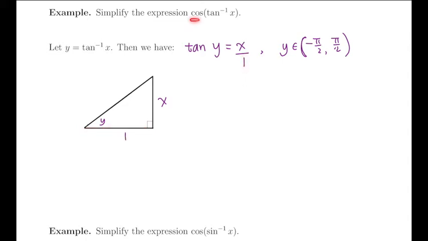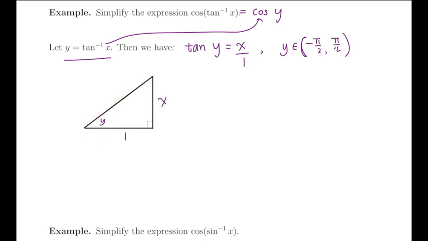And our goal is to figure out cosine of y. Let's actually write that here. If y is arctan x, that means it's the same as cosine y. Here's y. So on the right triangle, cosine is adjacent over hypotenuse. So here's the adjacent, here's the hypotenuse. So if we just know what this length is, then we can figure out cosine y.